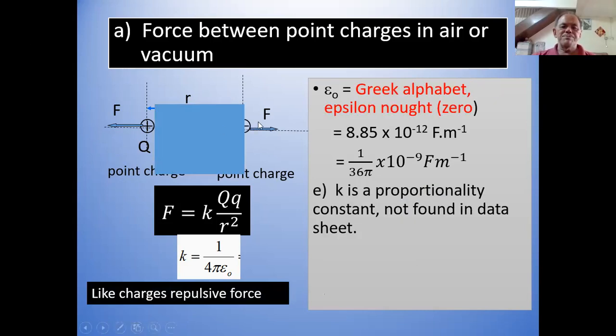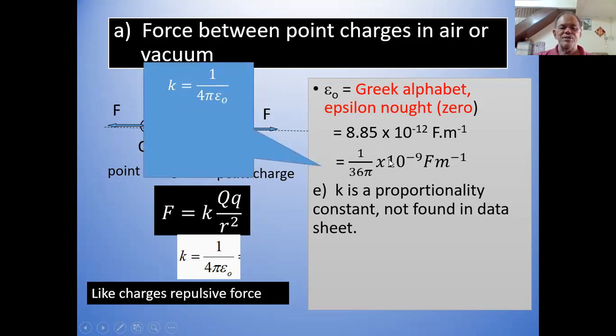Epsilon naught is a Greek letter. We call it epsilon naught. And let's try to understand why they give this formula. Sometimes you find K is more useful. You may want to use K rather than epsilon naught. So how do we derive the value of K? K equals that value.